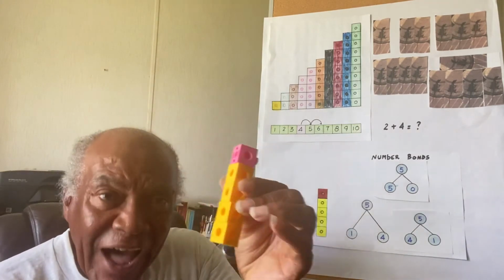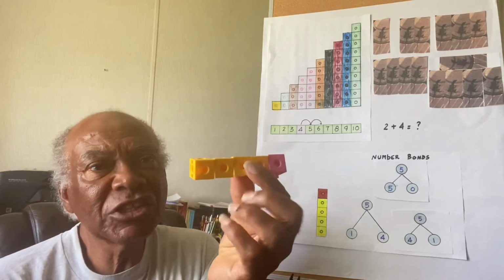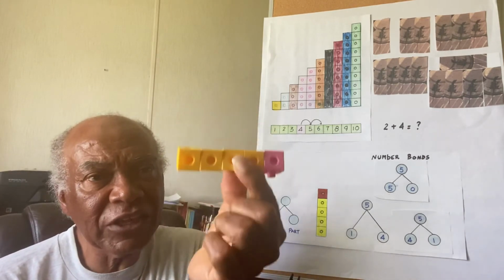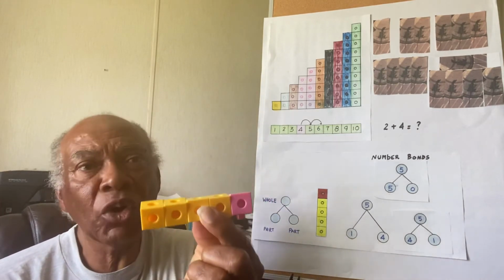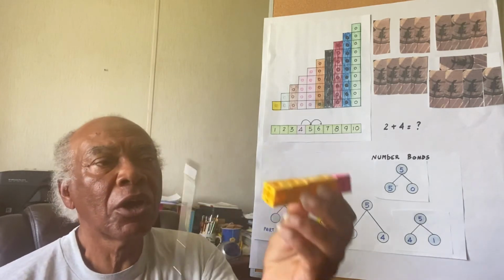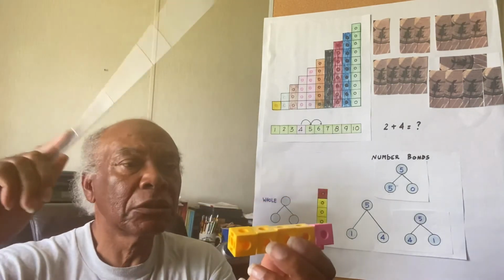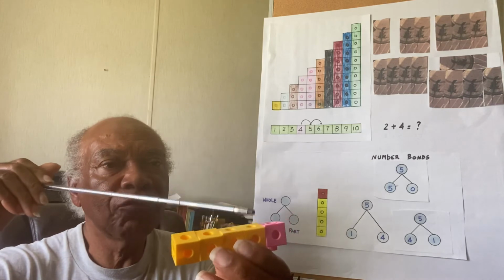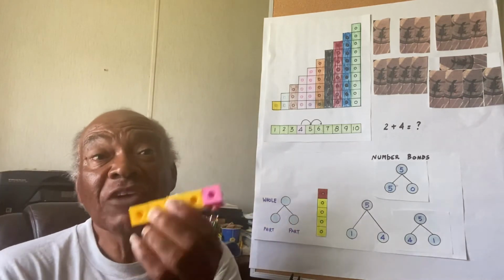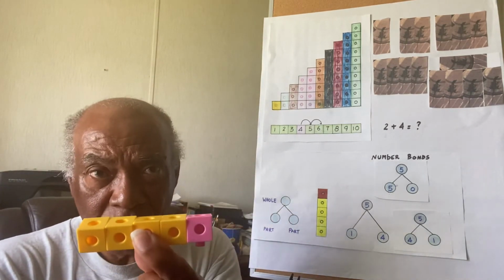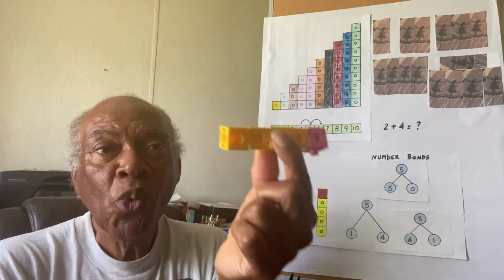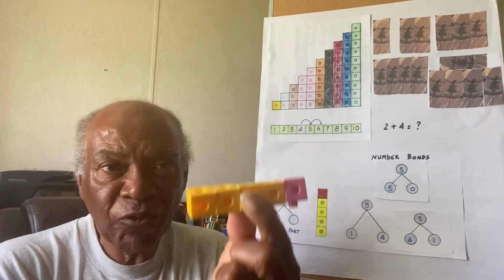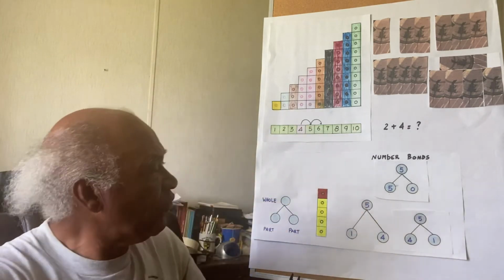See, there are 5 cubes. There's a difference in these 5 cubes because there is a pink one. 1, 2, 3, 4, 5.